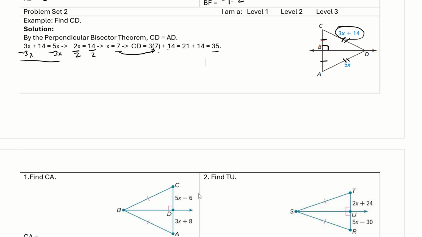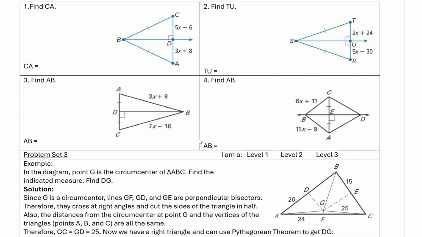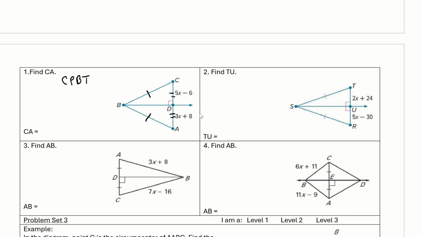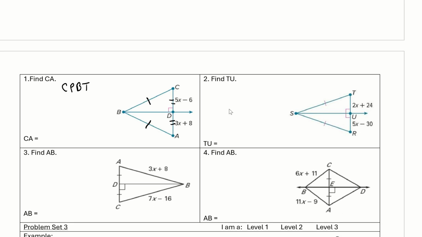Okay. All right. So let's look at the first one. So again, perpendicular bisector theorem. If these are congruent, then these are congruent. So this one right here is the converse of the perpendicular bisector theorem, whereas this one right here is the perpendicular bisector theorem. So there's a difference. This is the perpendicular bisector theorem. This is the converse of the perpendicular bisector theorem.